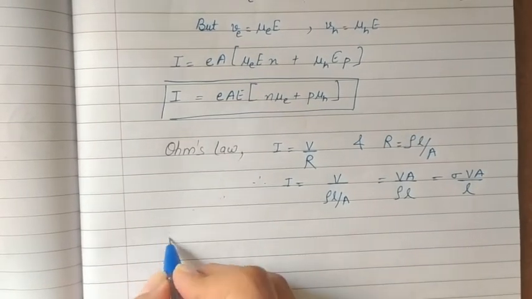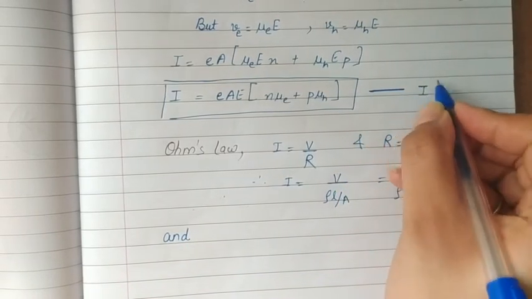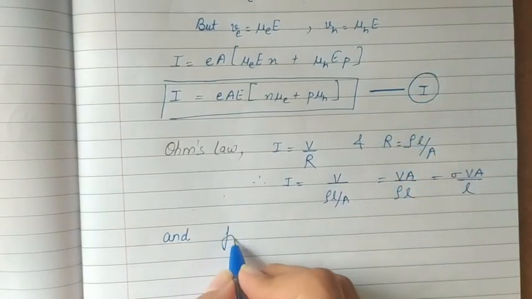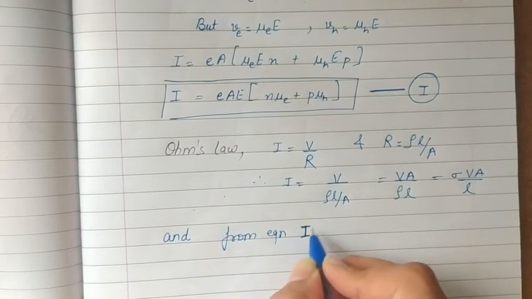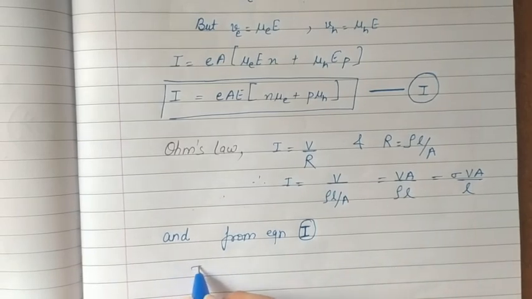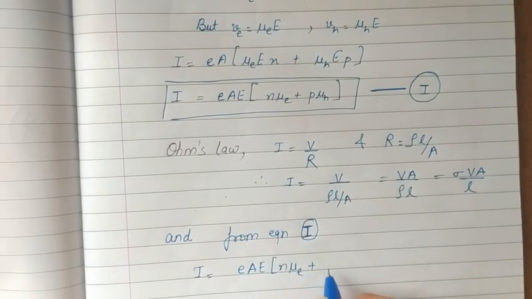And from equation number first, we have I is equal to e A E (N mu E plus P mu H).